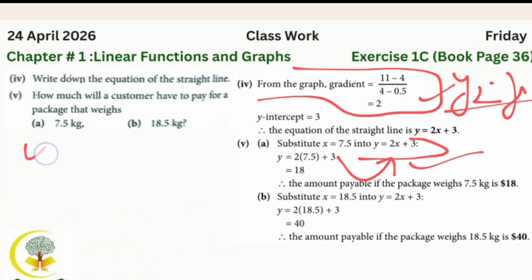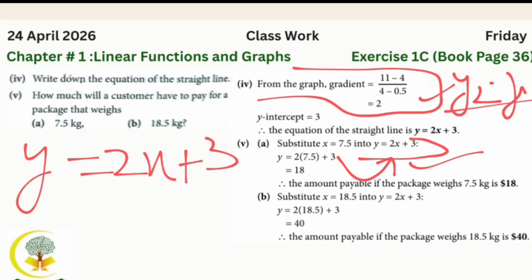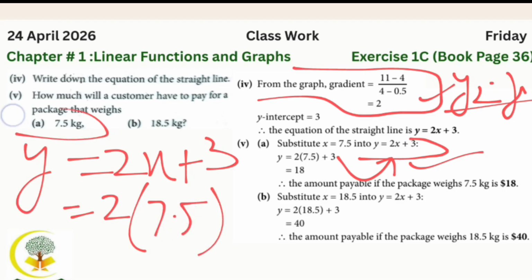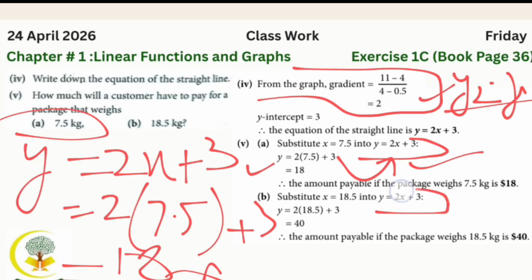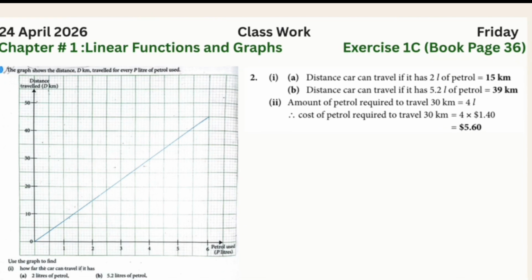Well done. y is equal to 2x plus 3 and we just need to put the value of x. So what is the value of x? 7.5. Well done, because in the question it is given 7.5. So 2 times 7.5 plus 3. When we multiply it, we are going to get this value, 18. So this is your answer. Now the next value, you have to put the value of x in the same way and you will get 40. Clear? We are moving on.